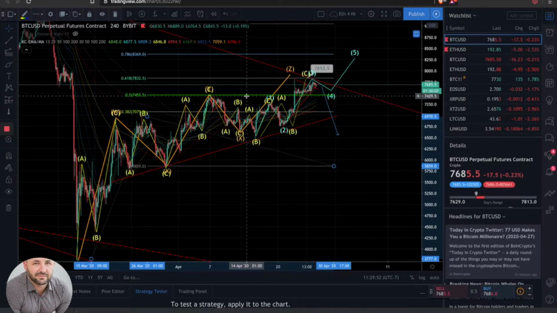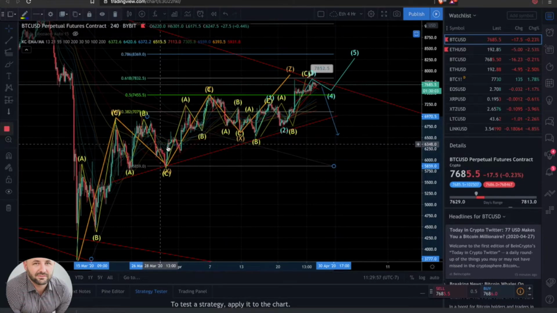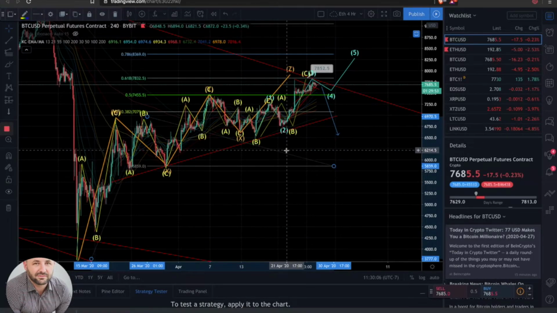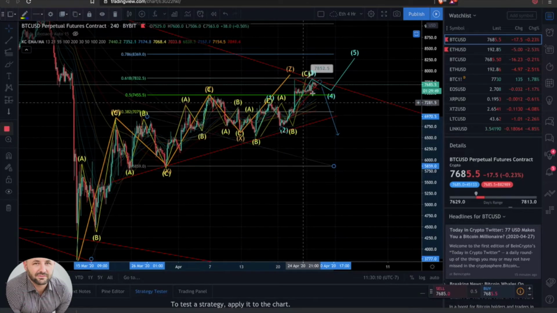So before, we were looking right here at the 0.5 as a WXY. And again, we didn't kick off in a 5-wave move down. We kicked off in a 3-wave, which meant we're just going to go into a further prolonged correction, just ABC after ABC. So that's what I'm looking for, is just to complete this WXY.